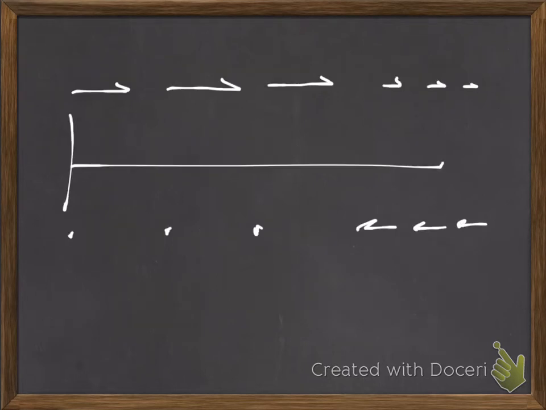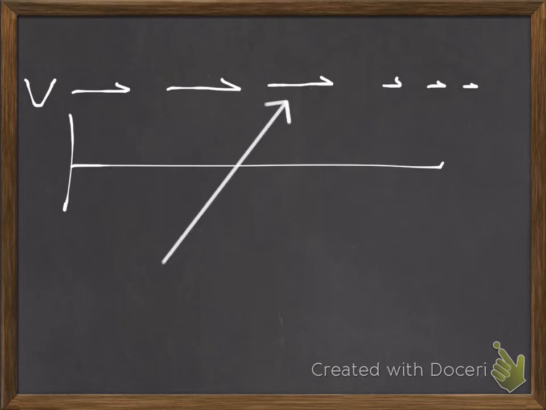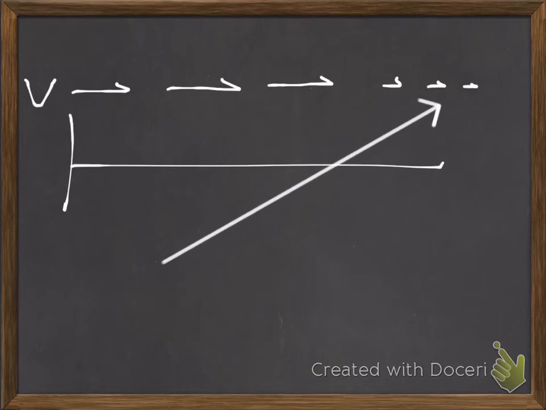So our motion map here, let me go back to just the velocity first. Our velocity in the first part is up at the top. We are going at a constant velocity for a short amount of time here, so all of our arrows are the same. Then it starts to slow down, so our arrows get short.